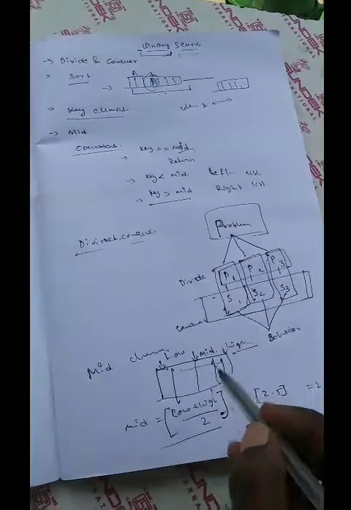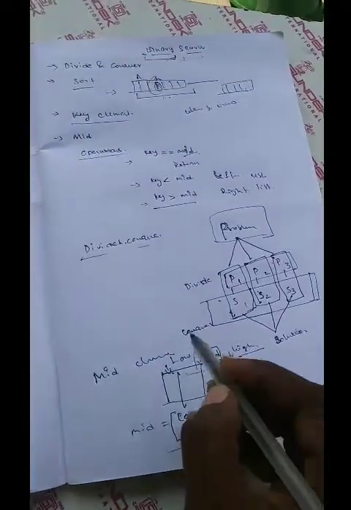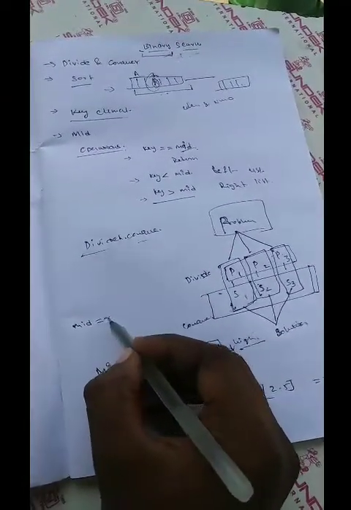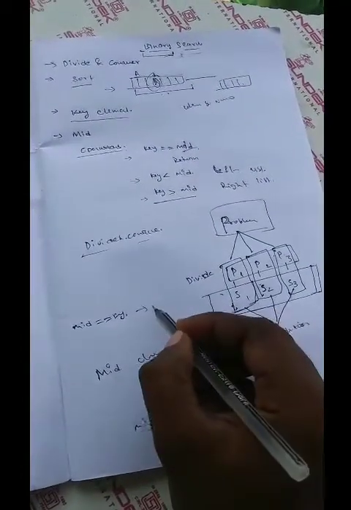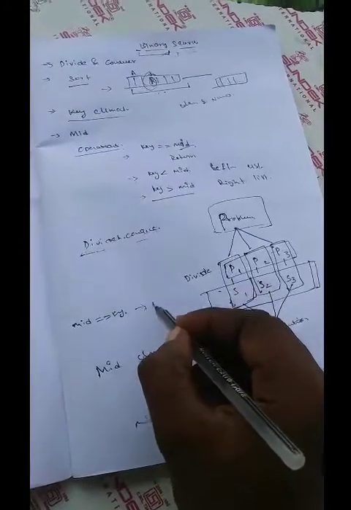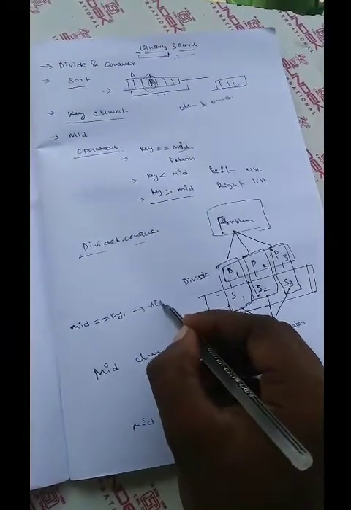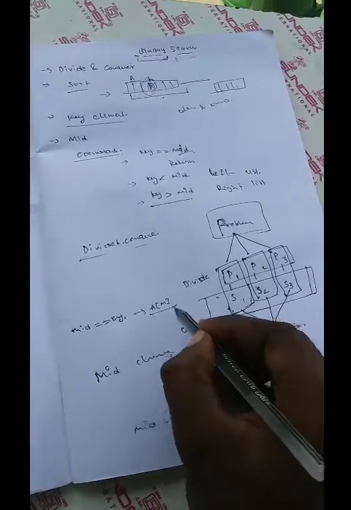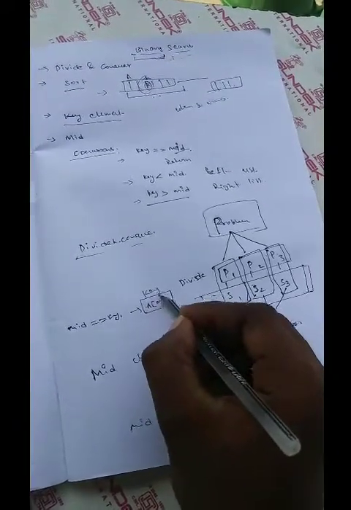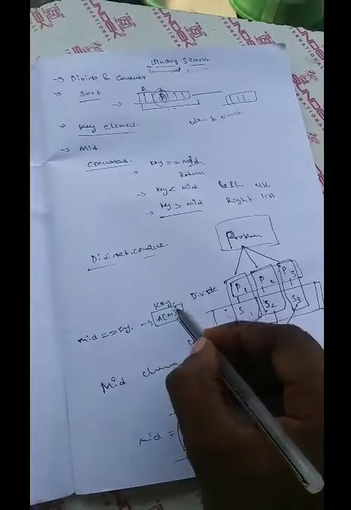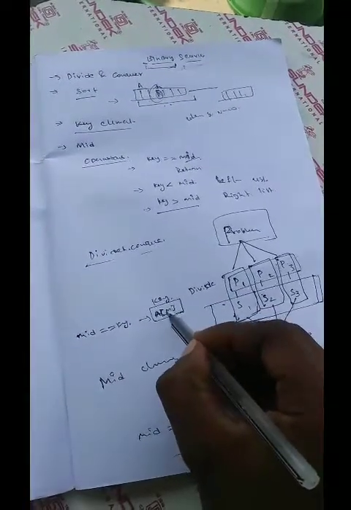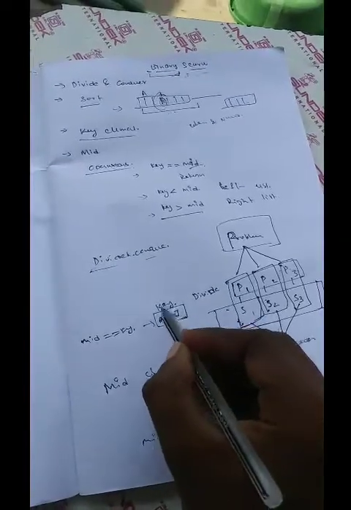If the element at mid equals the key element, it is returned with its position. So array of mid is the key element we are searching for; these two are equal, so we return array of mid, which means we found the desired key at this position.